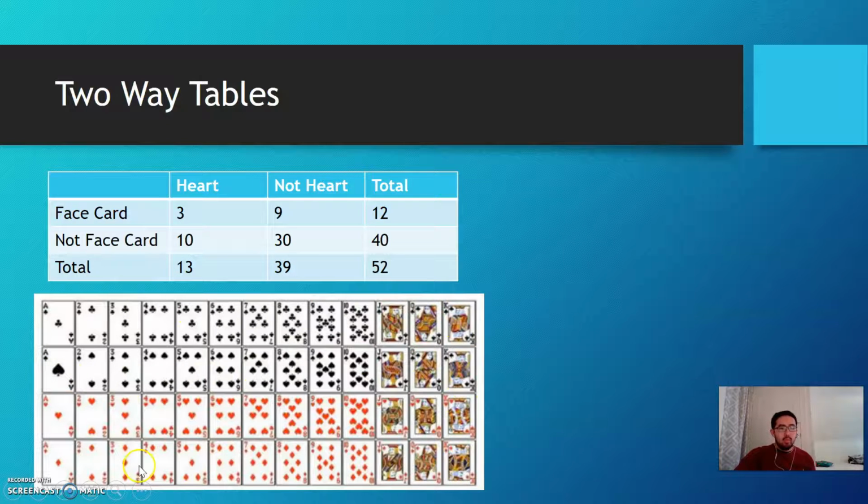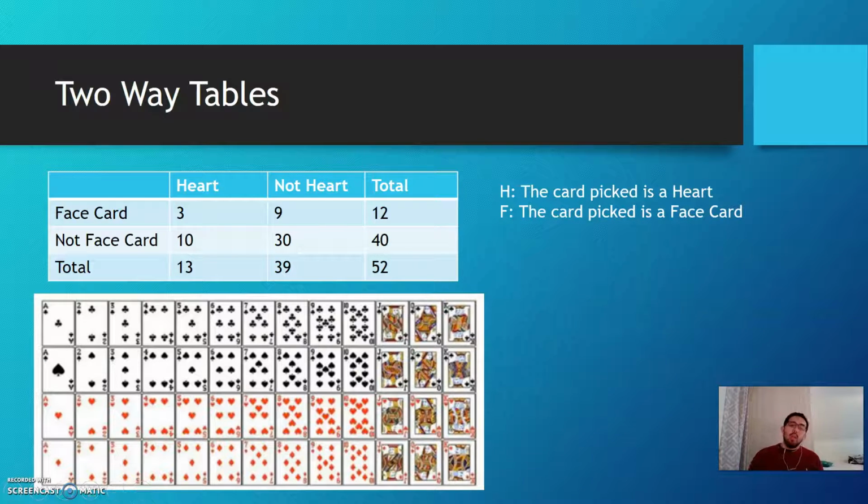So if I look at the situation, the event picking a heart, let's define that as H, and F as picking a face card.